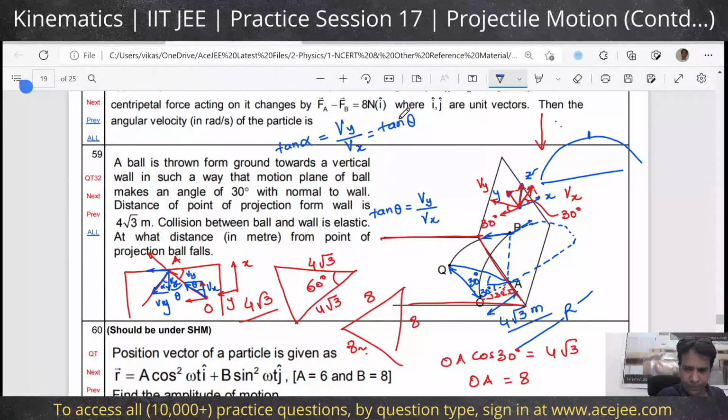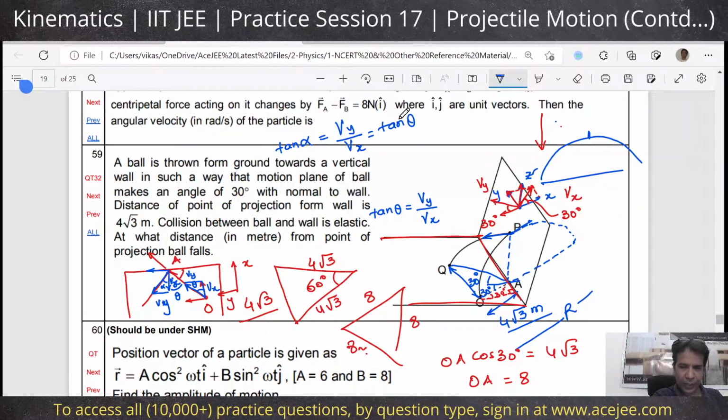Sir, okay. Yeah. And looking at the diagram, it seems the entire collision is happening in the horizontal plane. So we'll assume that the particle hits the wall when it has reached its maximum height, right? Which means that the distance covered OA is half the range.